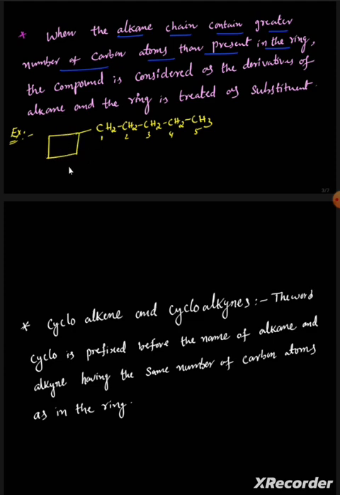First carbon has this one, which is cyclobutyl. So 1-cyclobutylpentane. Another example.